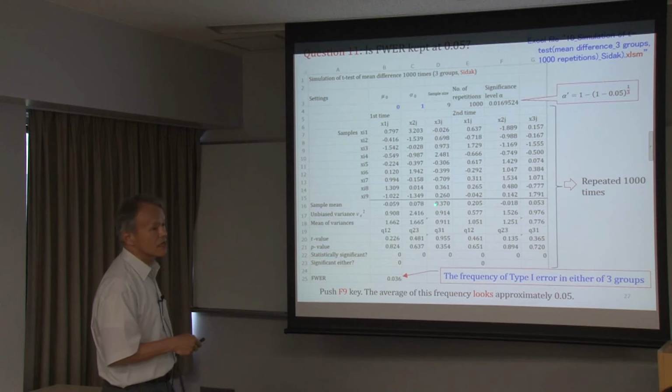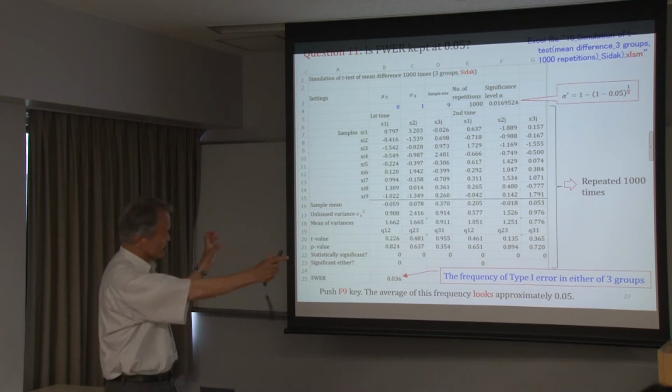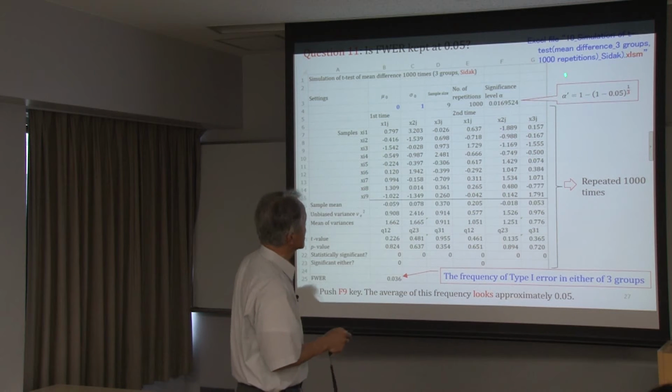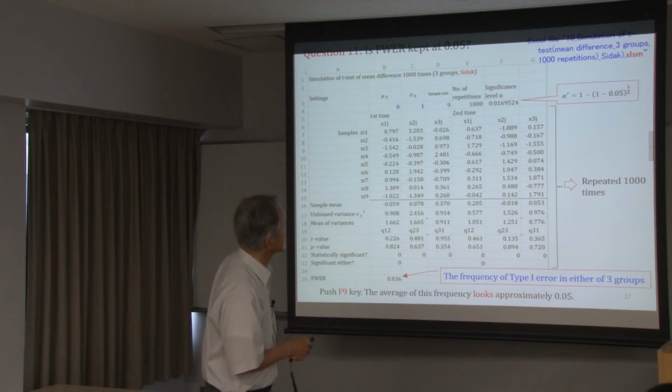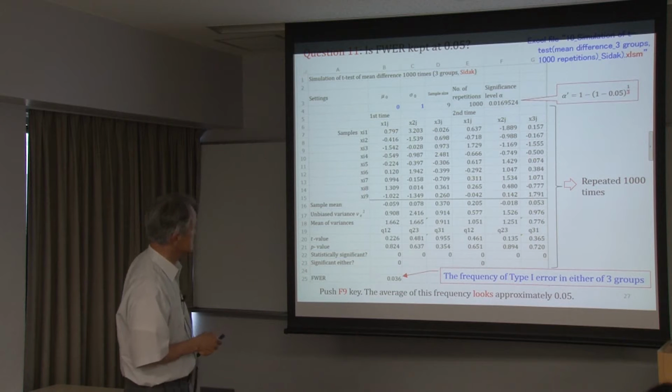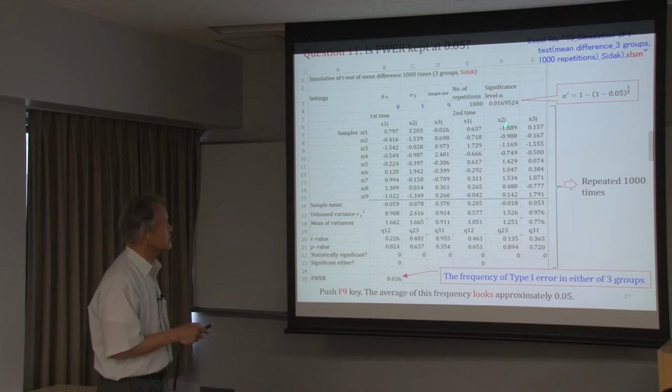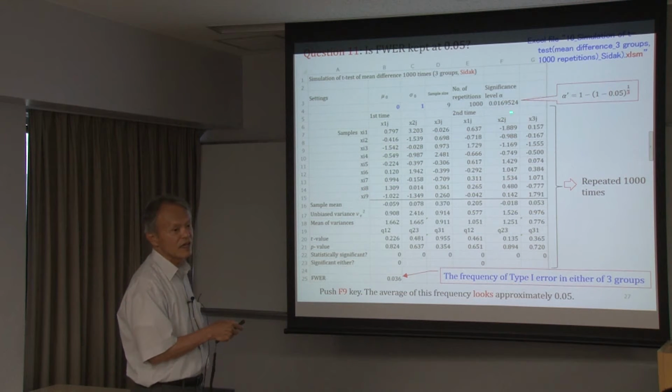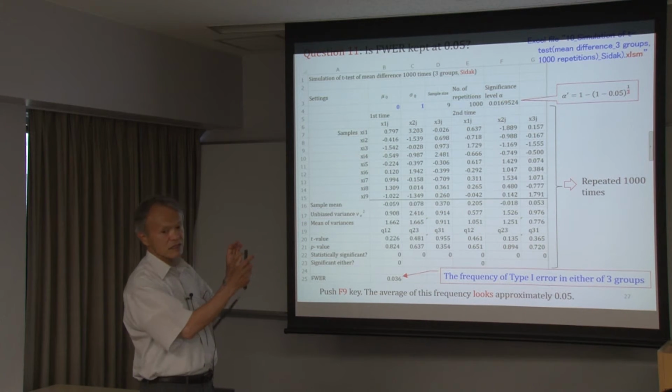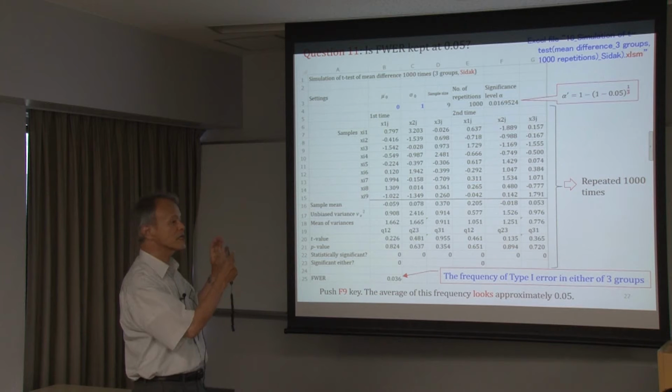And this t-test is repeated 1,000 times in this file, number 10. And the Sidak correction is applied here. So the t-test is applied 3 times.